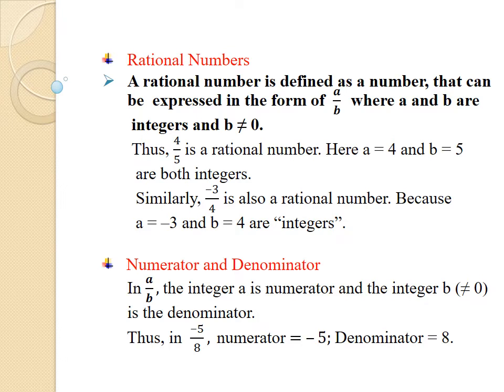In a upon b, the integer a is the numerator and the integer b, which is not equal to 0, is the denominator. Thus, in minus 5 upon 8, numerator equals minus 5 and denominator equals 8.